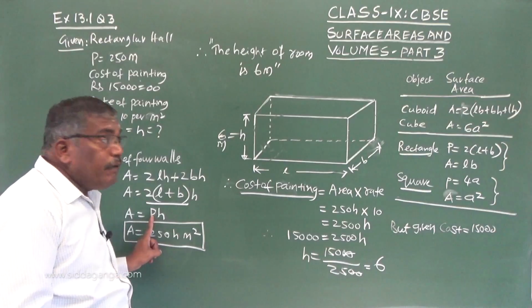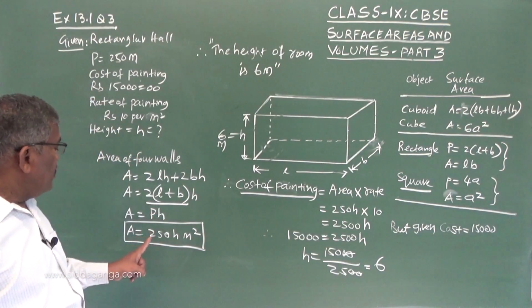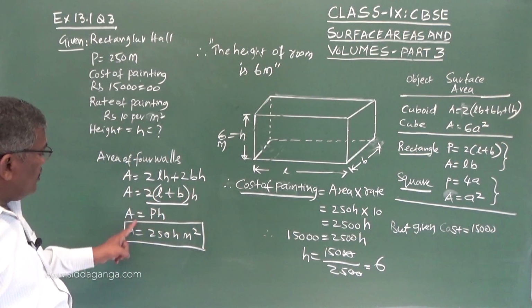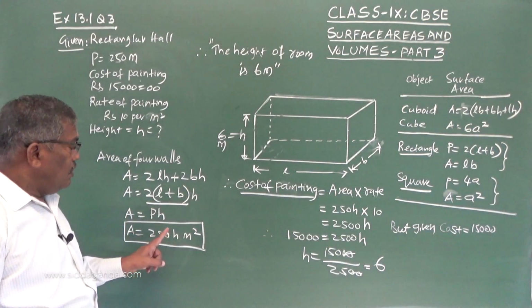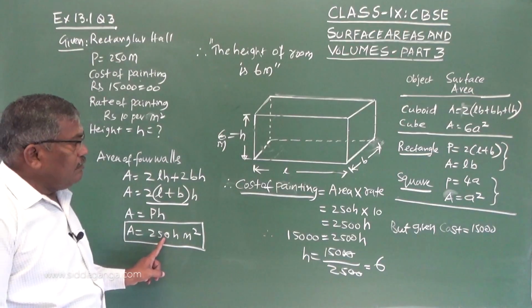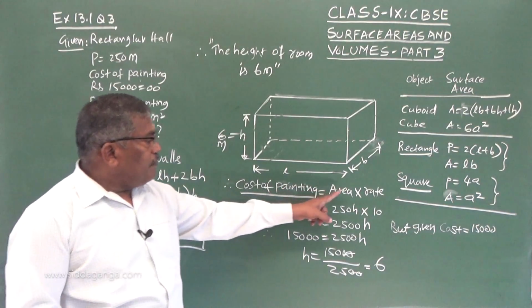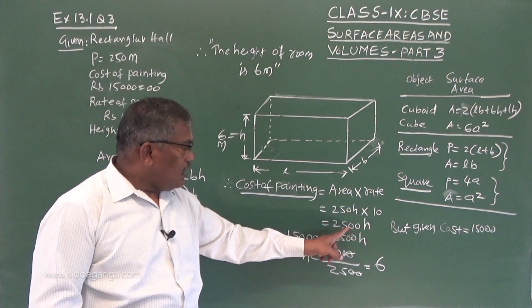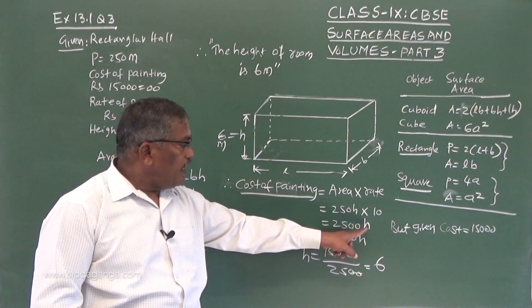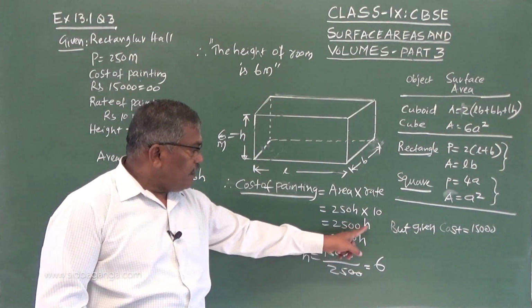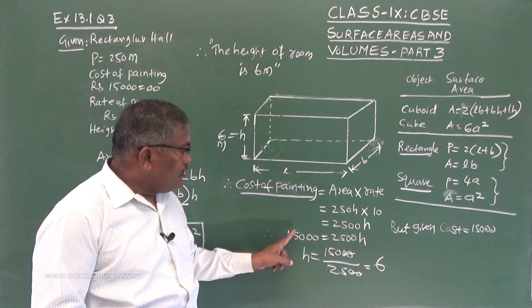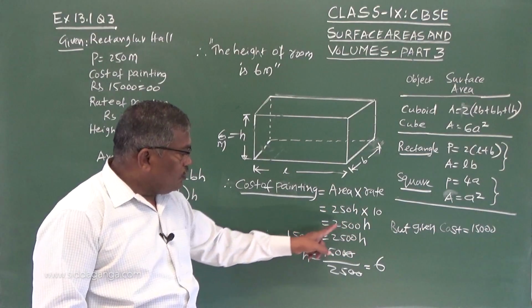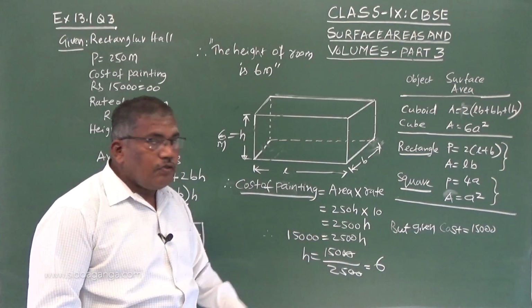This is the area in terms of H. When the area is multiplied by the rate, we get the cost, 2500 H. But the cost is given as 15,000, so I will equate these two. So you will get H is equal to 6.